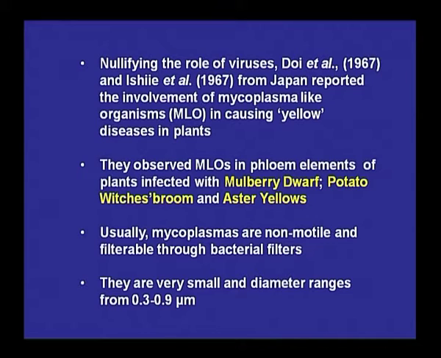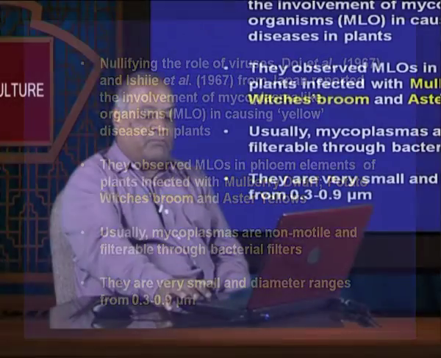They observed MLOs in phloem elements of plants infected with mulberry dwarf, potato witches' broom, and aster yellows. Usually mycoplasmas are non-motile, unlike bacteria and fungi, and filterable through bacterial filters. They are very small, and their diameter ranges from 0.3 to 0.9 μm.